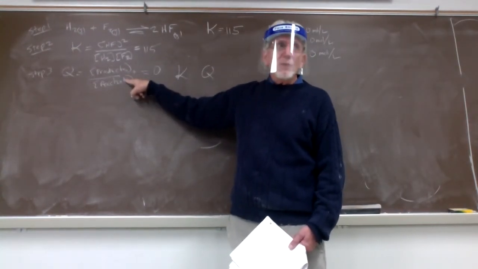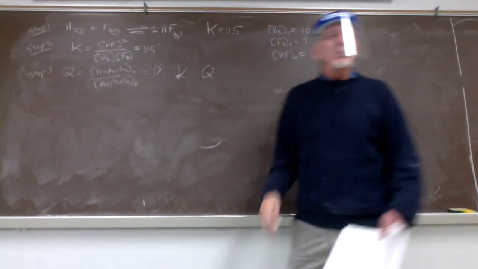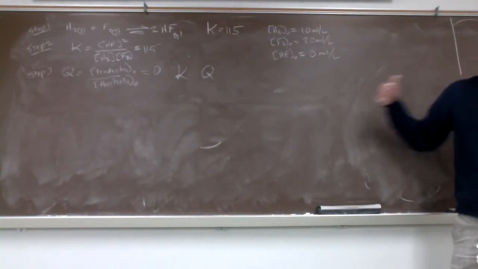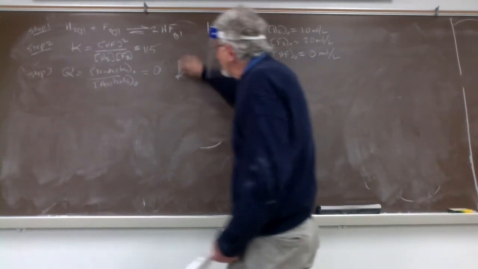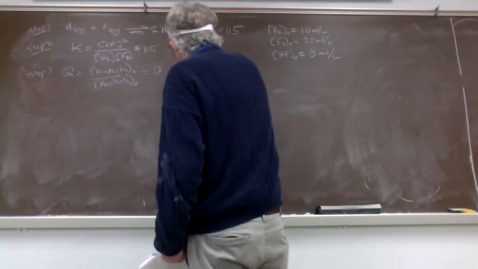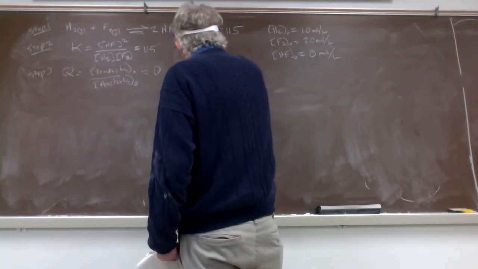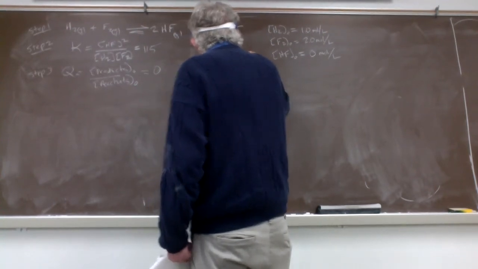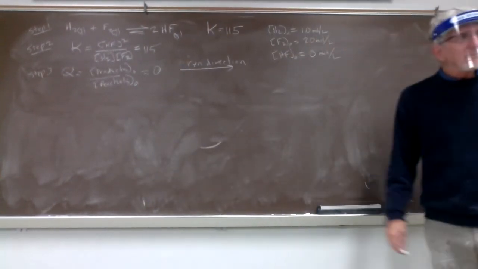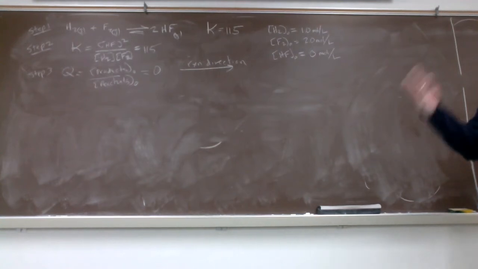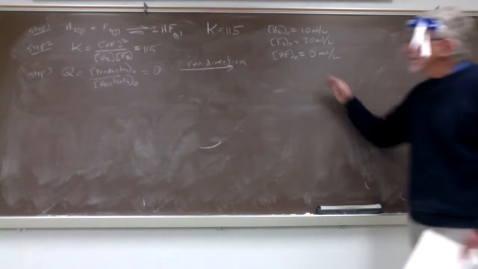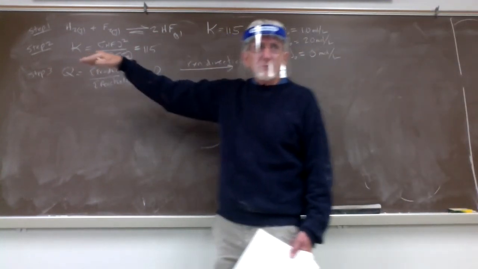If this is too small, it's because we don't have enough product. So how can you make more product? Run the reaction in the forward direction. So the reaction direction will be towards product. Anytime Q is equal to 0, the reaction can only go one way, towards product, because all we have is reactant. We don't have any product that can make the reaction go in reverse.